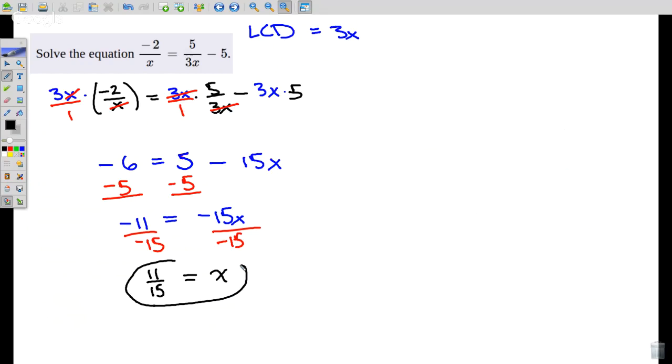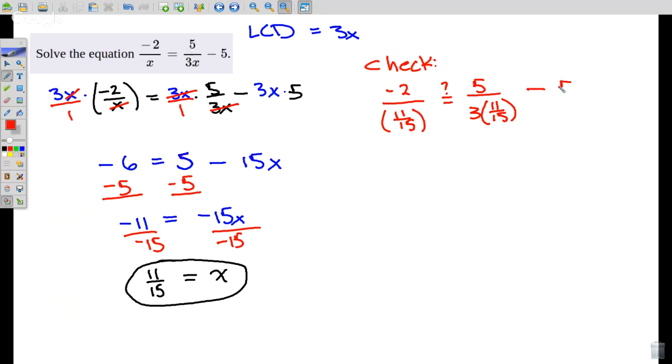All right, so educated guess, let's hope, plug in to check. So we have a little fraction work to do on our check. Okay, go through it. -2 divided by, I'm going to put in parentheses, 11/15. That's supposed to be equal to, hopefully, 5 over 3 times 11/15, and then minus 5.